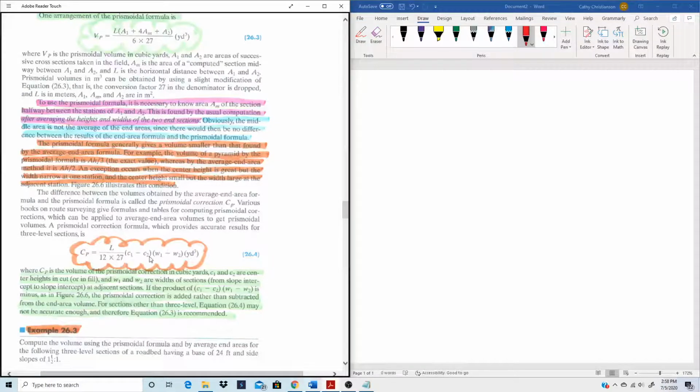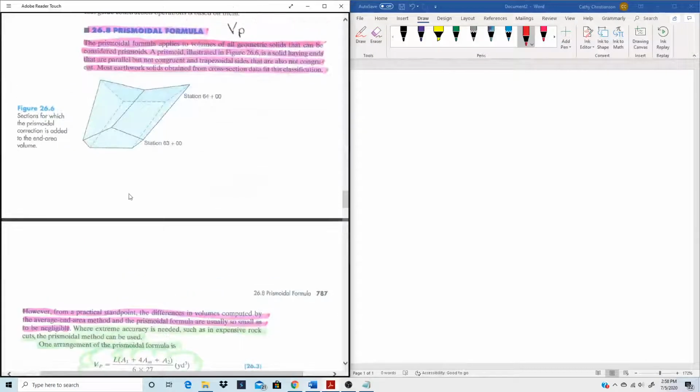C1 and C2 would be the cuts on the two outside ends. W1 and W2: W1 would be the width of the first area, and the width would be the total distance from left to right. Whatever the widest point is here, and whatever the widest point is here, that would be W2.